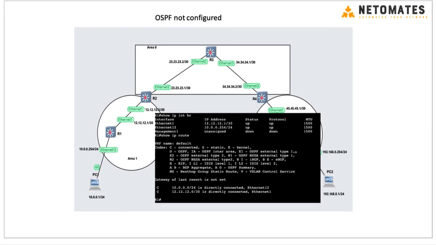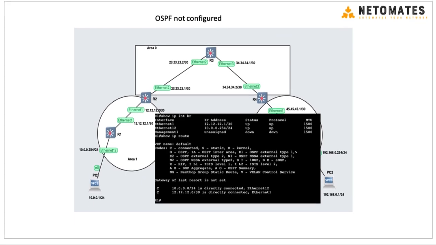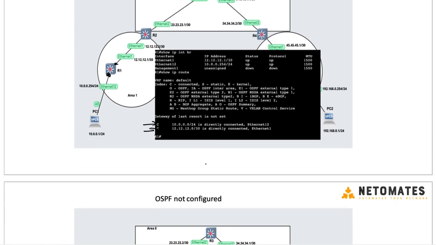If we check the routing table on R1, we haven't configured static routing or OSPF yet, so the only routes we expect to see are connected routes based on the interface configurations. That's what we are seeing here, two connected routes. We should see a similar thing on all other routers as well.